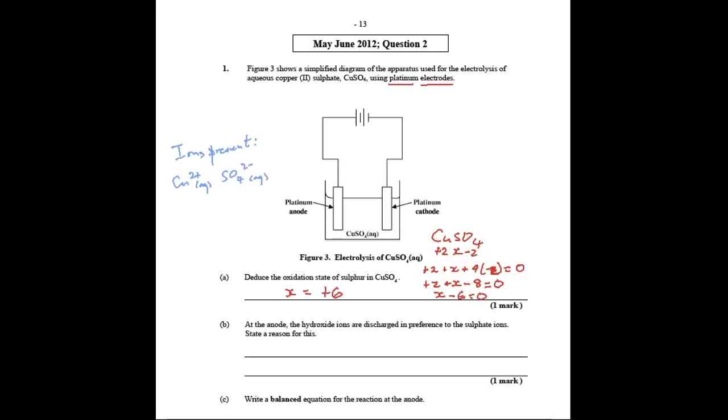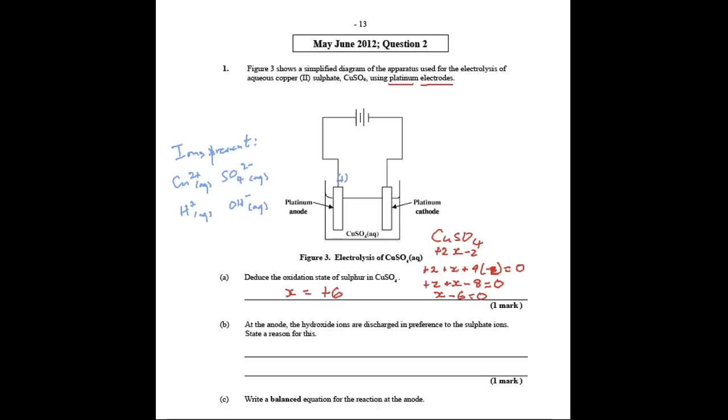We'll also have H+ from water and OH- from water. So they're saying at the anode, we know the anode is the positive electrode. So at the anode, OH- and sulfate will both migrate, but only the OH will be liberated preferentially. The OH will get the nod. And they want a reason for this.